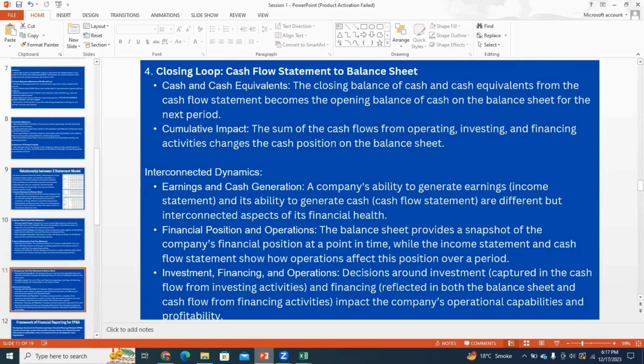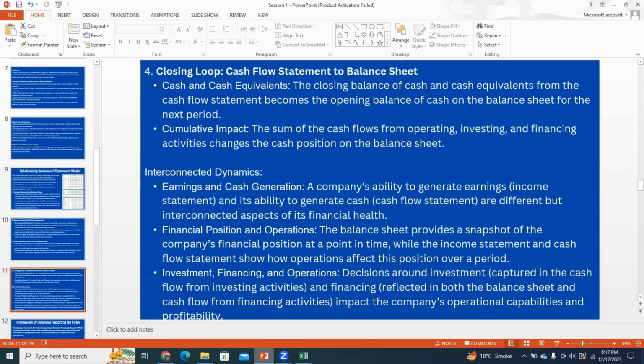So how a company earns and makes that earning into cash, we have to see how cash is generated, how income is generated and linked, and how it is converted into readily available cash. This shows the financial health of the organization, a complete process.